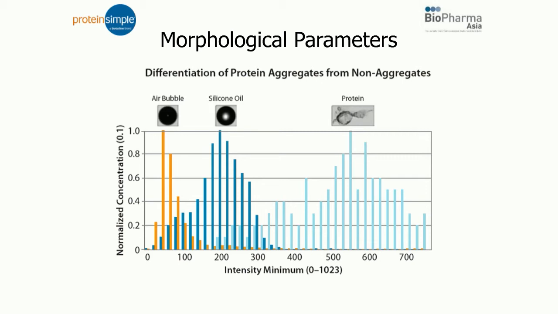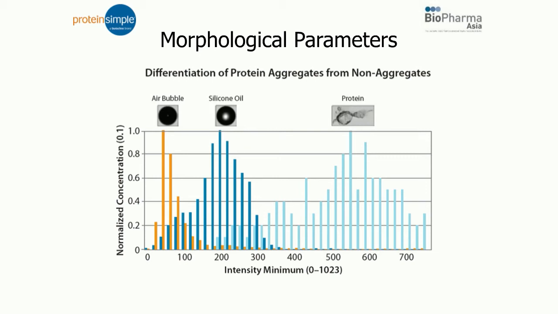In this chart, on the x-axis, you have intensity minimum, which is a measurement of how dark or light a particle is, or how translucent or opaque it is. And on the y-axis, you have the concentration of those particles. You can see the protein aggregate on the right is a highly transparent or translucent particle. It scores very highly for the intensity minimum score.